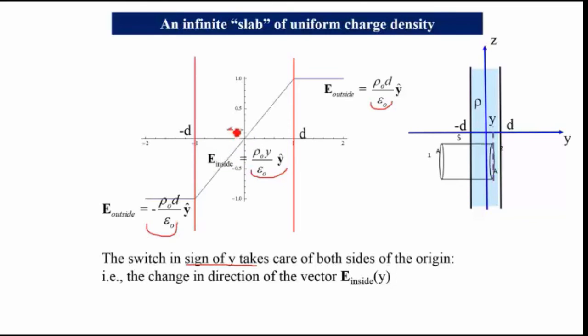It's heading in this direction, over here it's heading in this direction. That goes up, up, up until you hit the edge of the slab, and then you have a constant E field. There's no discontinuity here. There's no discontinuity here. So this is the general solution then of this particular problem.